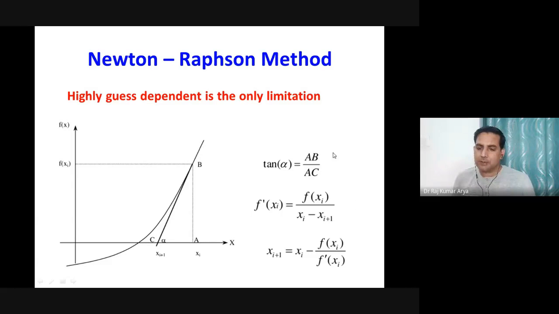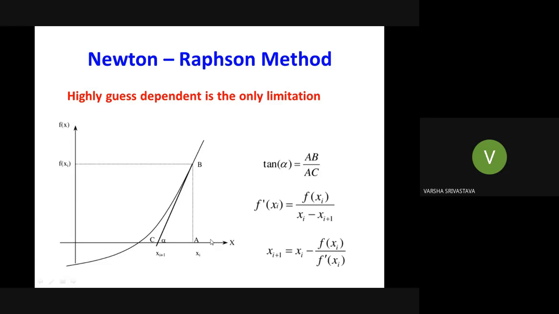So this is how you can derive this equation, how this would come here. You can draw here, you can find what should be your tan alpha. So tan alpha would be this B upon AC. Tan alpha you can also calculate in terms of the derivative of the function. So this is just like calculating dy upon dx, the slope, right? Correct or not?